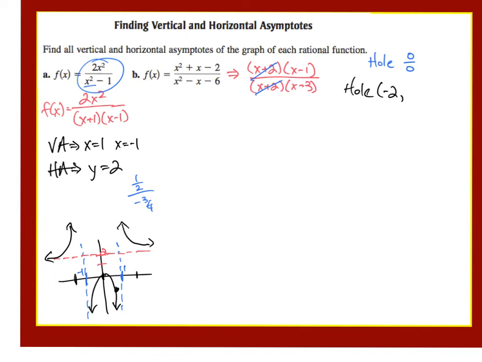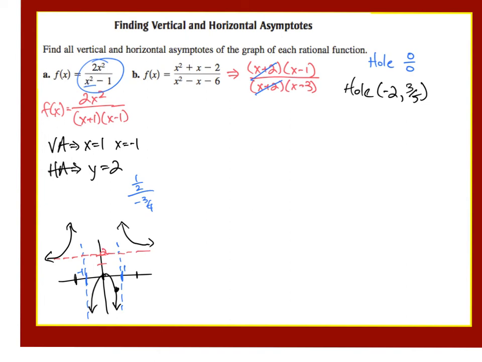And what that something is, I'm going to back substitute it in here. So what do I get up top? I get negative 3 up top, and what do I get on the bottom? I get a negative 5. So I have a negative 3 over negative 5, and we're going to call that 3/5. So I actually have a hole at negative 2 comma 3/5.